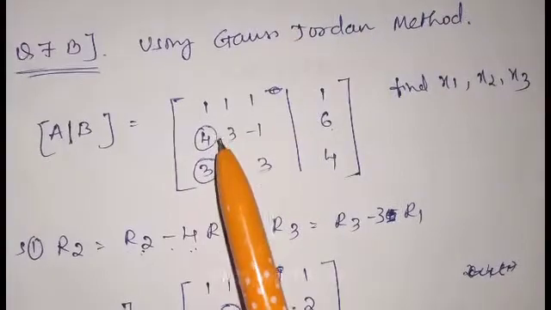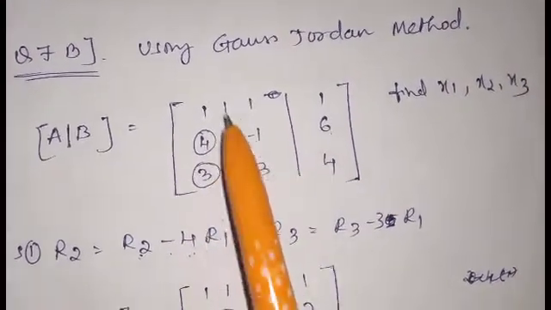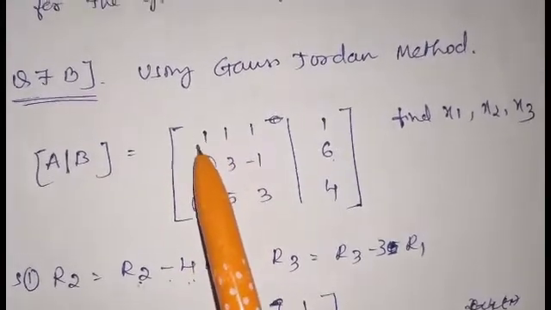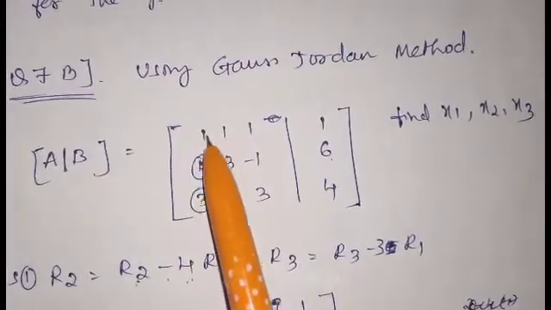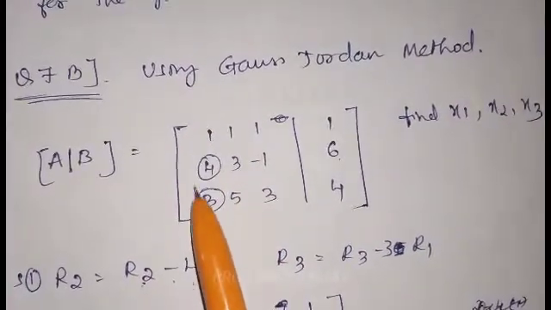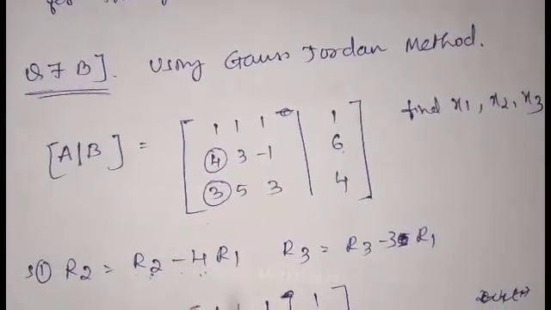First you need to make these two elements 0. Here it is already 1, so no need to change. If 1 is not given, you need to make this element 1 first. Then, next, you should make these two elements 0.